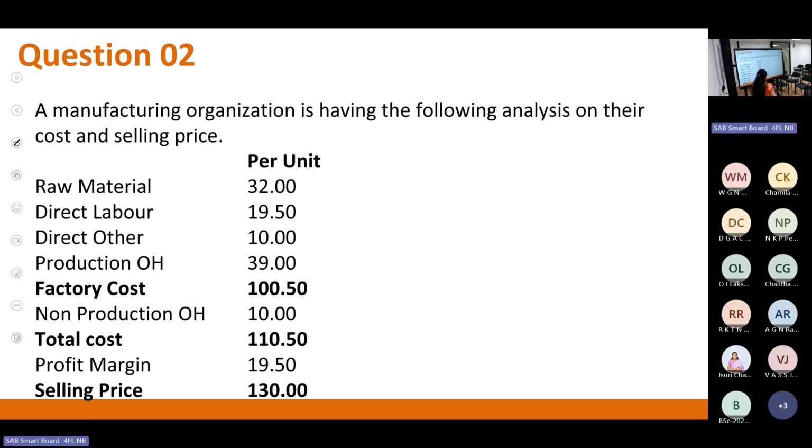Okay, students, you can read the question. A manufacturing organization has the following analysis of its costs and selling prices, right?